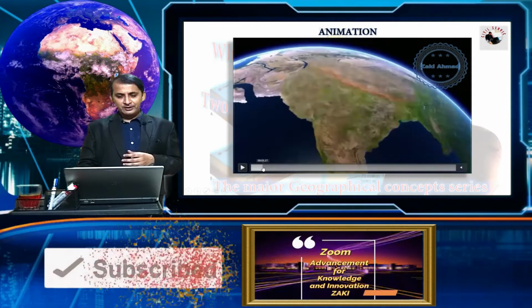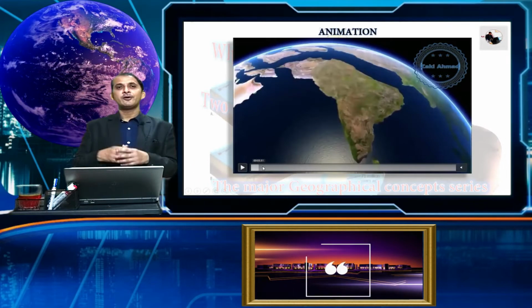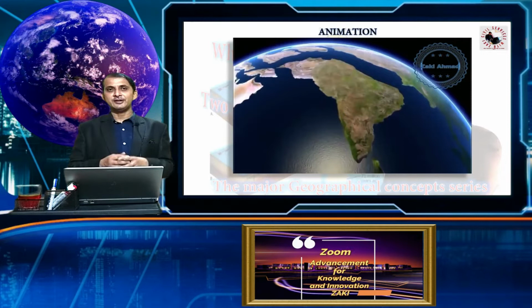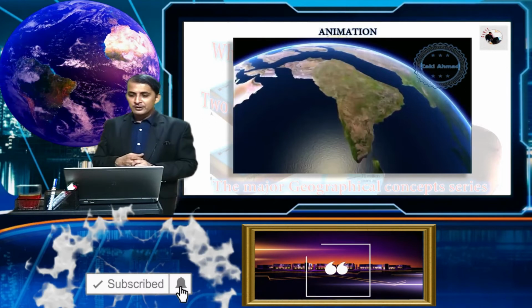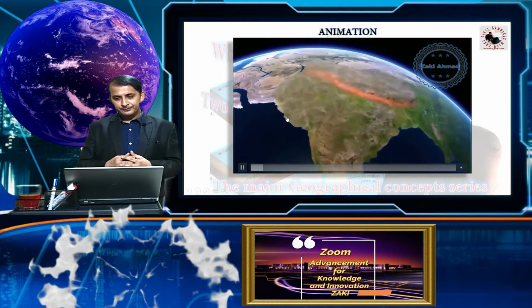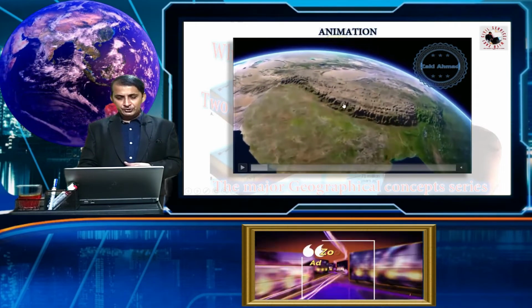Between India and Eurasia there was an ocean called the Tethys Sea, and the remnant of the Tethys Sea is the Mediterranean Sea. See here the collision forming an enormous mountain range.